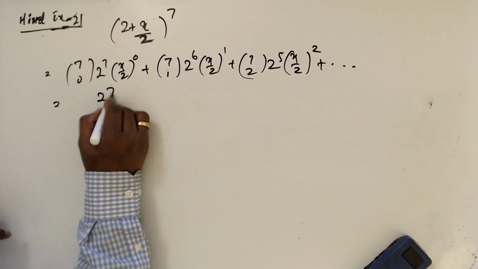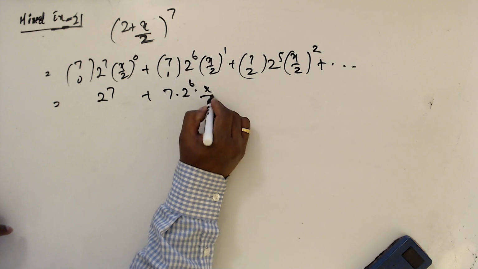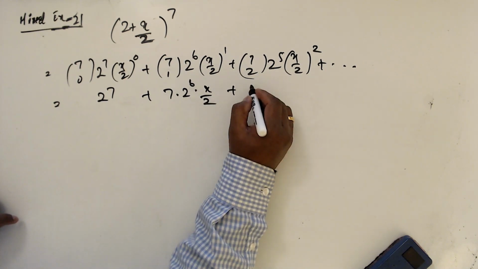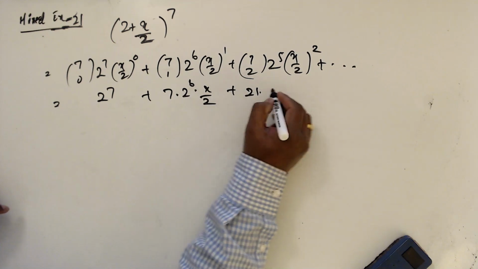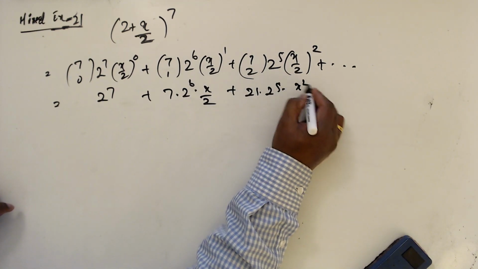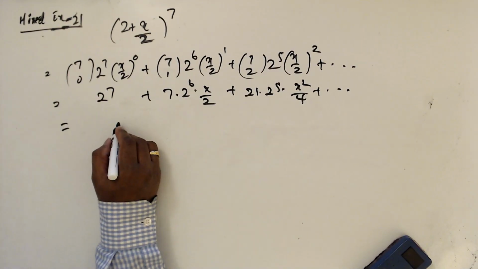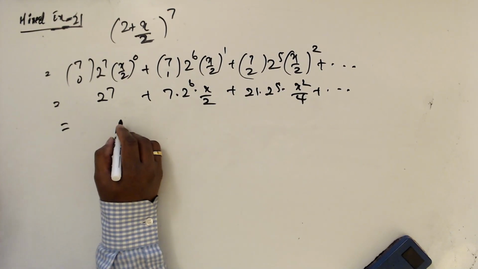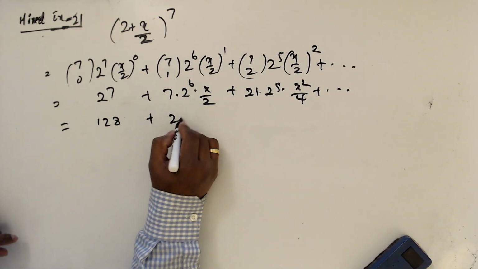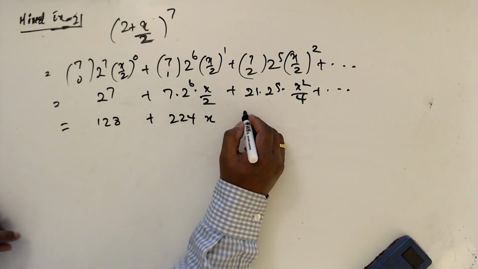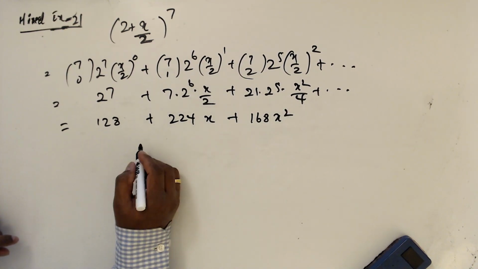So this is 2^7, this is 7 times 2^6 x over 2, plus this is going to be 21 times 2^5 x square over 4. That is 128 plus 224x plus 168 x square.